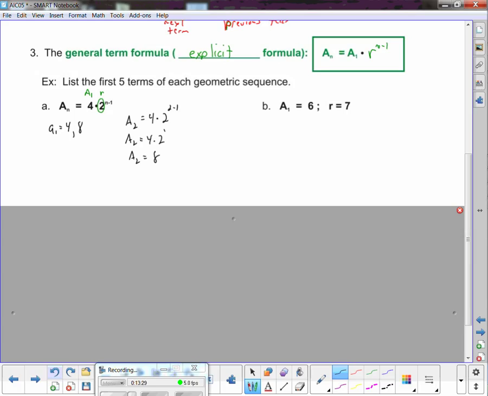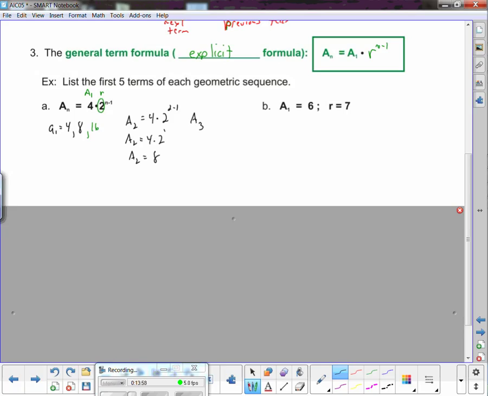Now, if you know what's going on and you know the value of r, you could actually just keep going and just multiply each one by 2. But again, if you were going to use the formula, you would keep going. But at this point, do you see how the next value is going to be 16? Anybody know how I got 16? Right? If the common ratio is 2, I can take the previous term and multiply it by 2. Here, I'll do it with the formula.